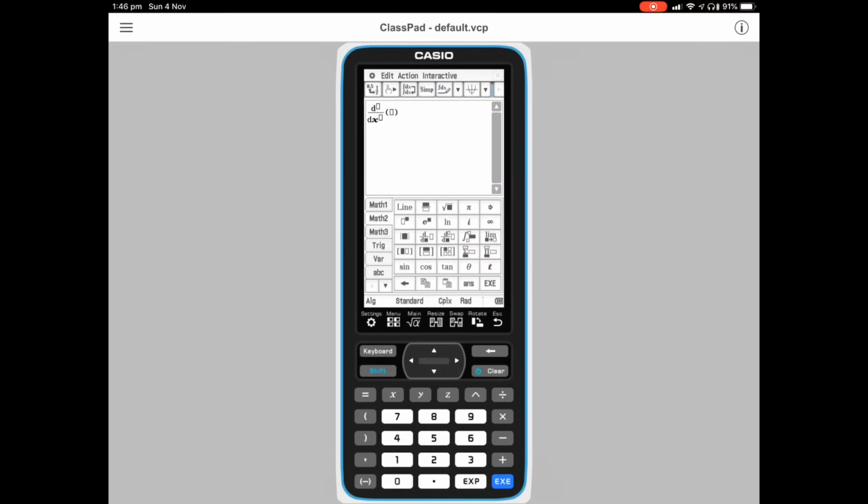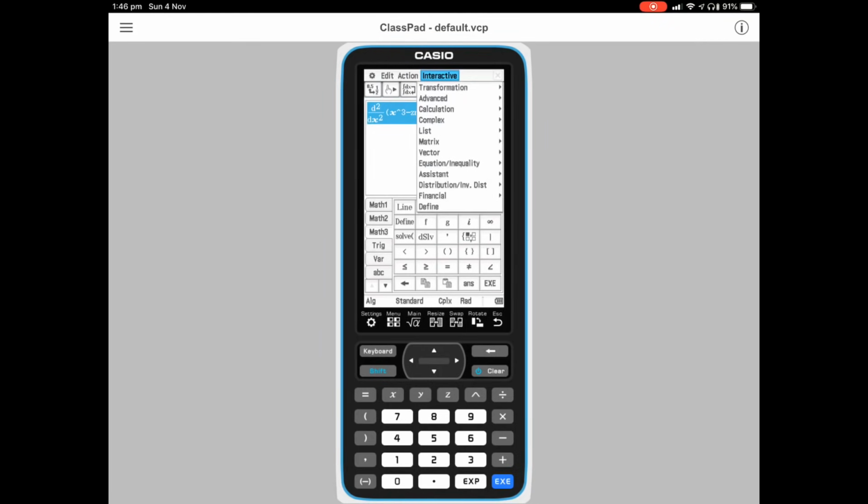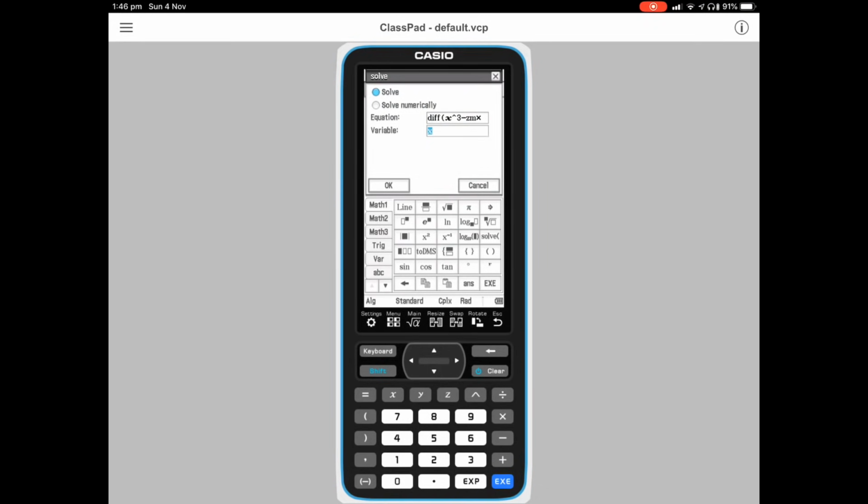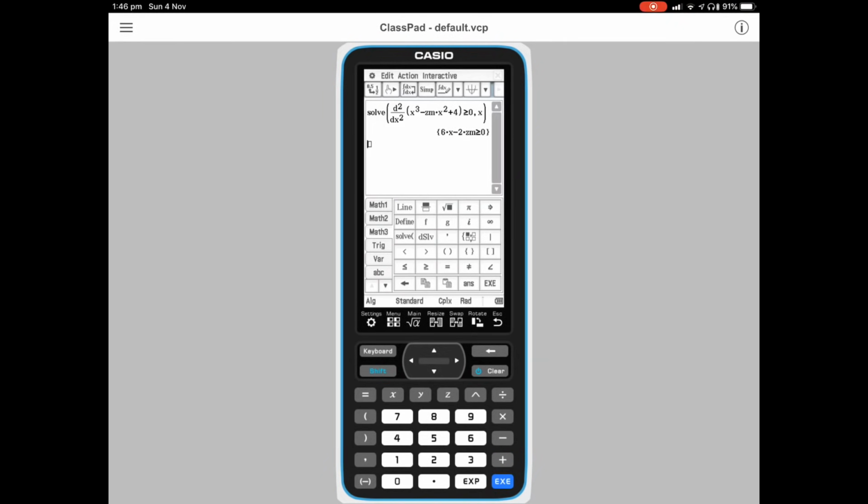So x squared, paste, where's greater than or equal to? No, greater than. Oh, it can be equal to as well. Because solve for x. Oh, we want, yeah, x in terms of m. Why in the hell doesn't it just work it out?